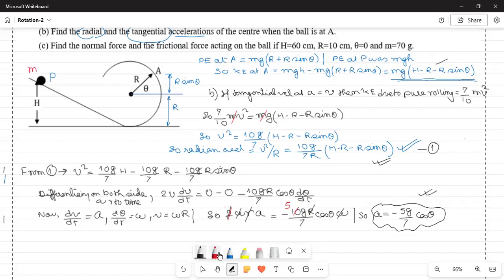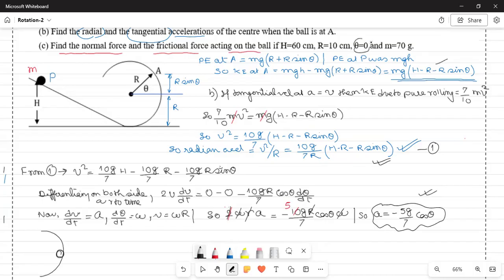Now this question has a third part which says, find the normal force and the frictional force acting on the ball when some values are given. Look, what they really want us to find out is when the body is actually at A, because it is given when theta equal to 0.